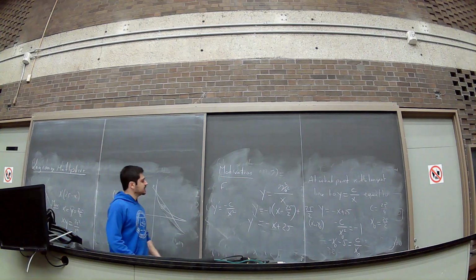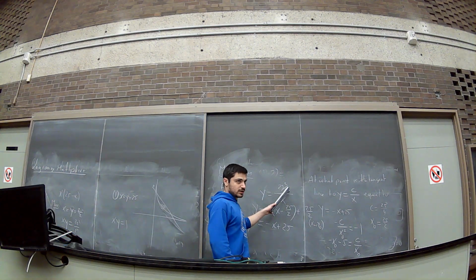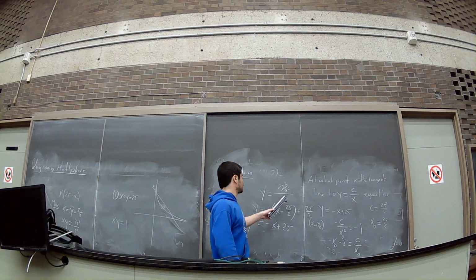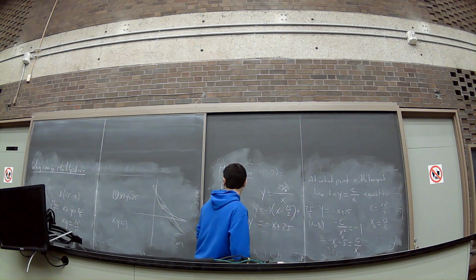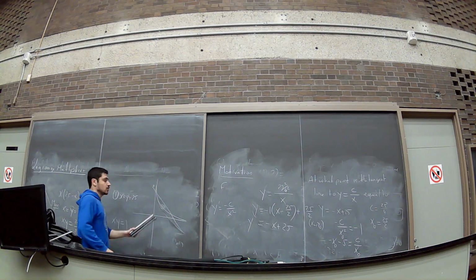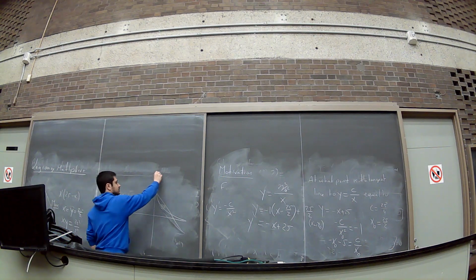So if you let c equal 25 squared over 4, and x to be 25 over 2, this line here will be tangent to the parabola.